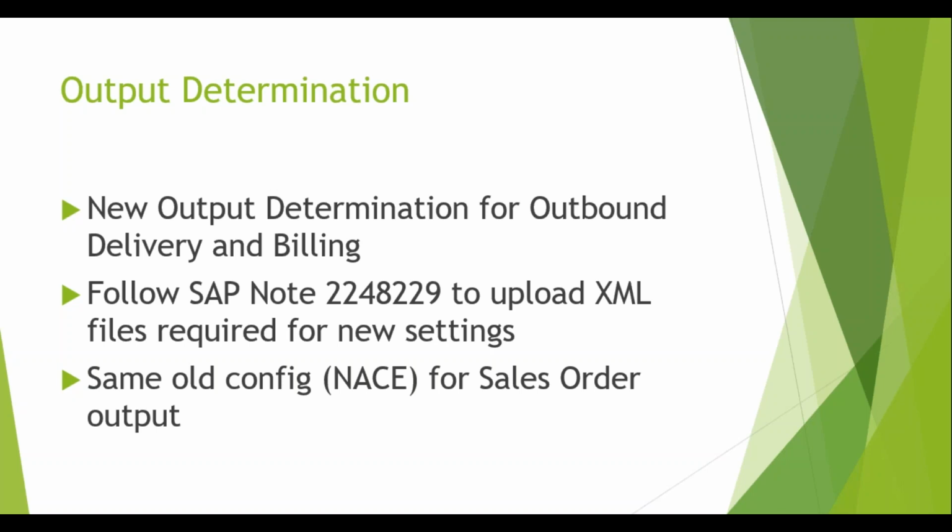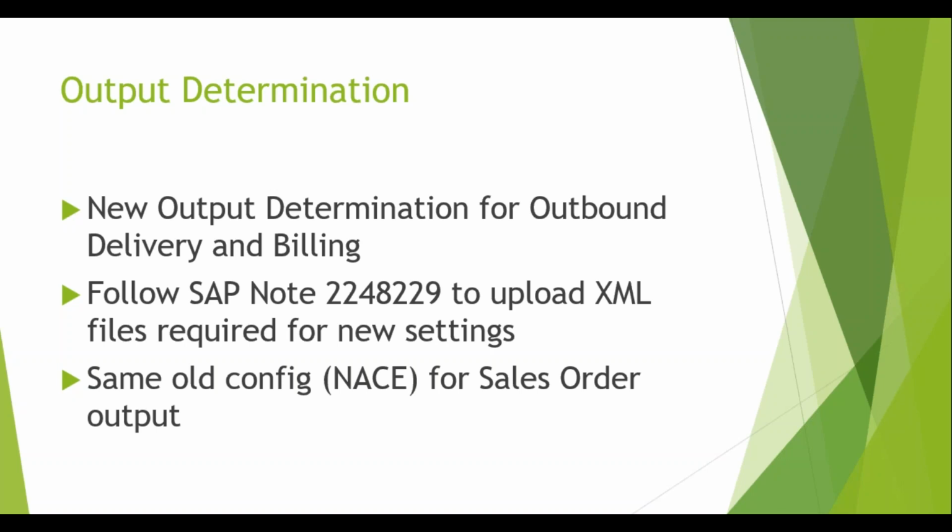But in 1610, as we discussed, even the purchase order is optional; you can use either the new or old output determination. Now in 1610 by default, new output determination will be active for delivery and billing, while in 1511 by default it was NAST, the old output determination.